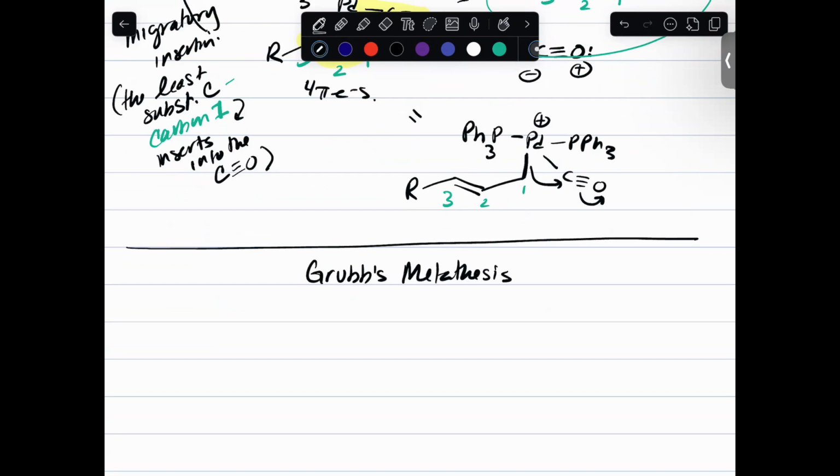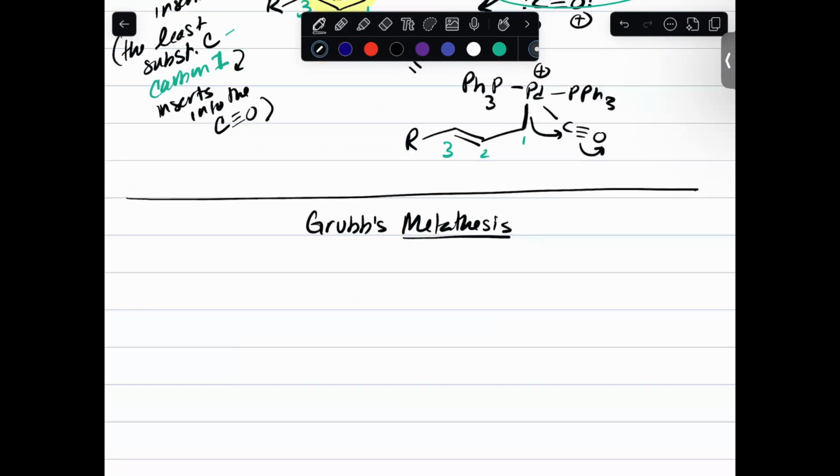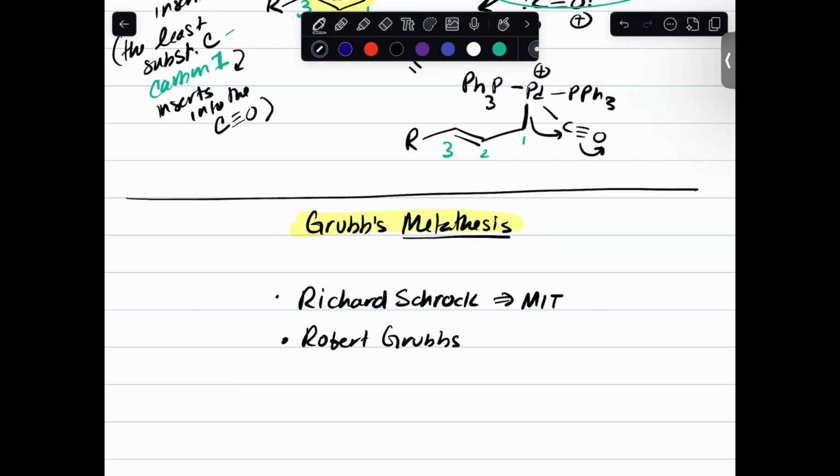It's really just known as metathesis, but it's more commonly known as Grubbs metathesis. And it was developed, I know I've talked about it a little bit when we started talking about organometallics. It was first developed by Richard Schrock, who's currently at MIT and alive, and Robert Grubbs, who was at Caltech.